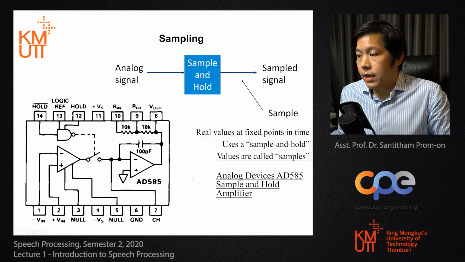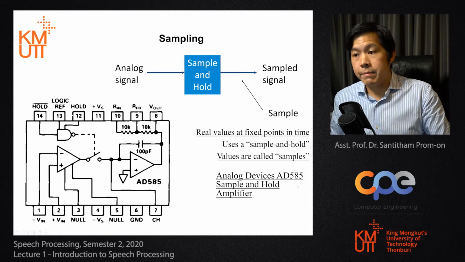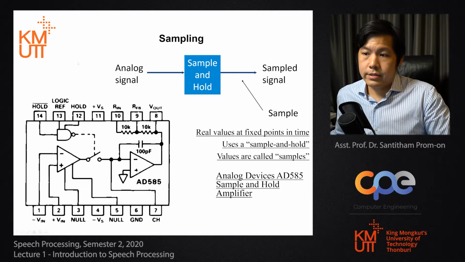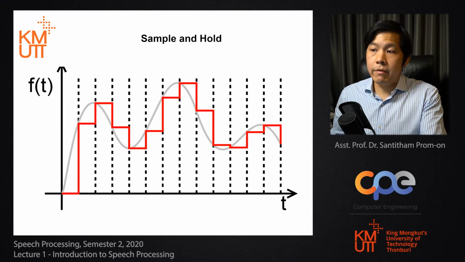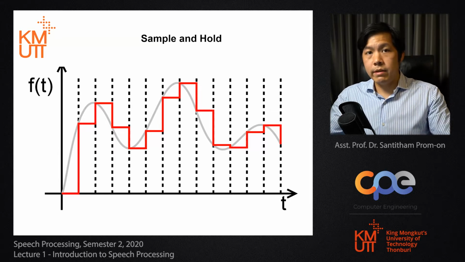Just like this IC, the Analog Devices AD585, which can perform as a sample and hold amplifier. I'm not going to go into detail here, but it will perform sample and hold just like this one. What does it mean by sample and hold?